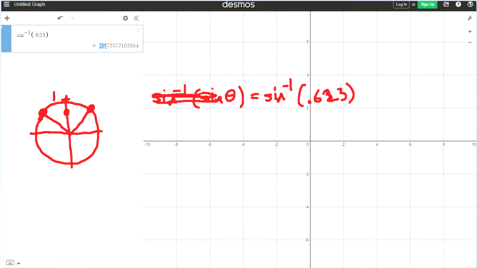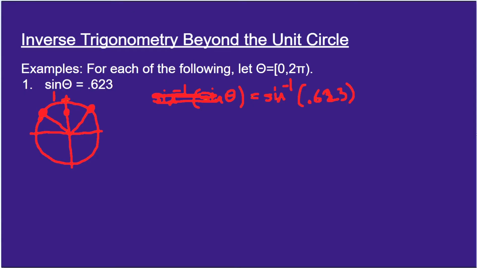Let's round it off to 0.673. How about that? We'll round up to 5. So we would end up getting that theta equals 0.673. And that's going to be this angle right here, the first one. Right, guys? So that's one solution.